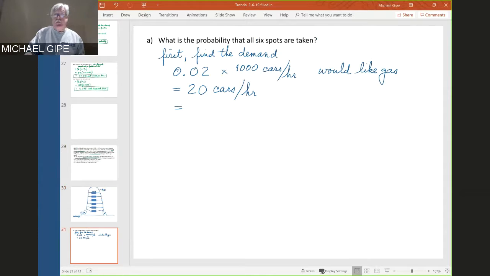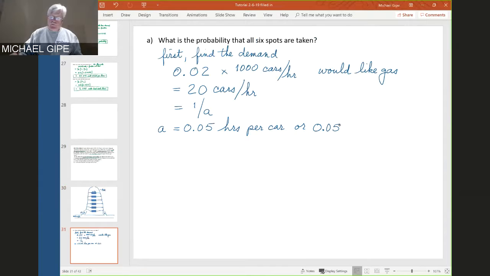And that is the flow rate for demand, or 1 over the inter-arrival time. So our A is 0.05 hours per car, or if we convert the units, 0.05 times 60, or 3 minutes per car inter-arrival time on average.